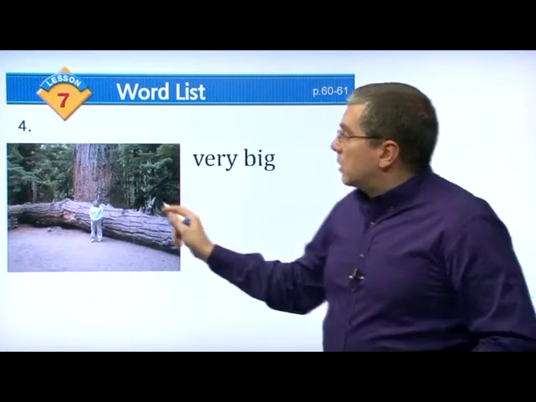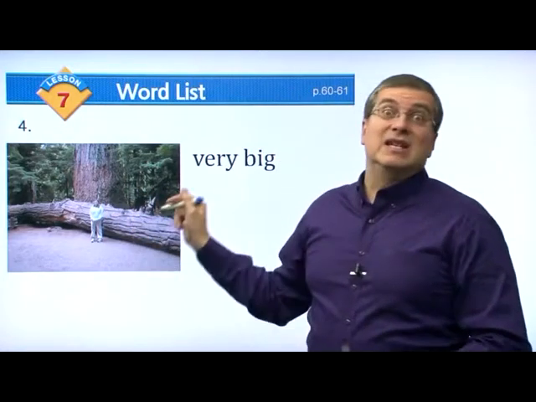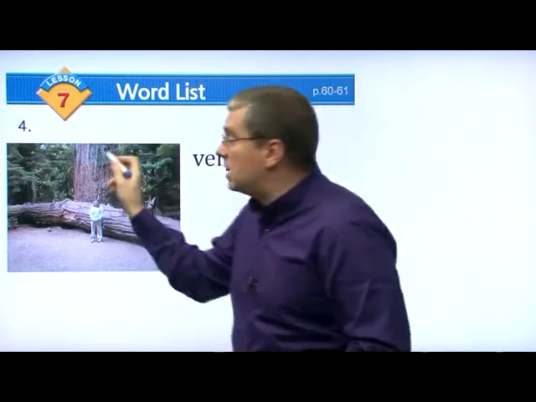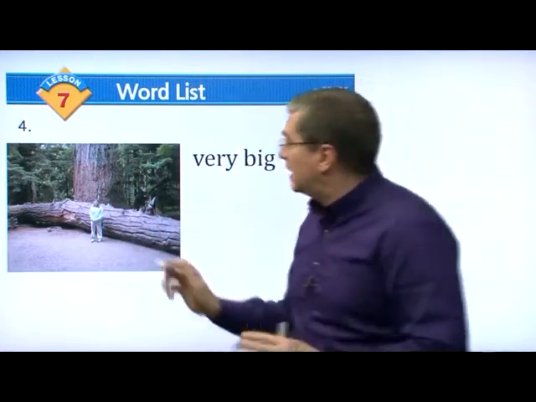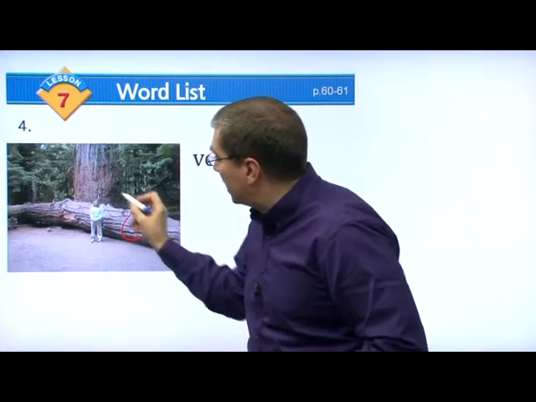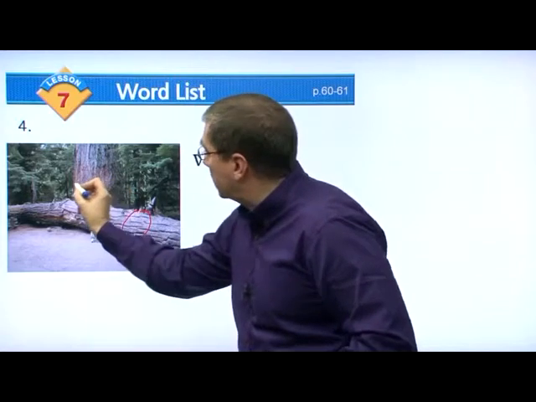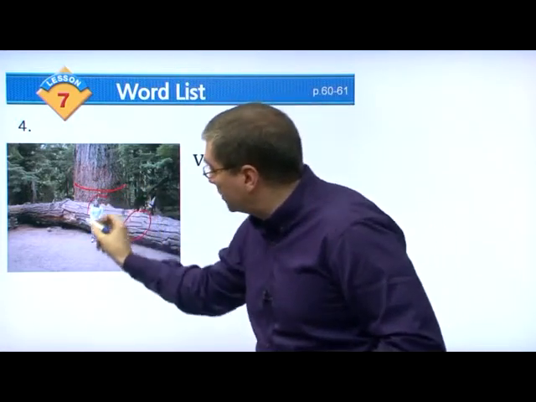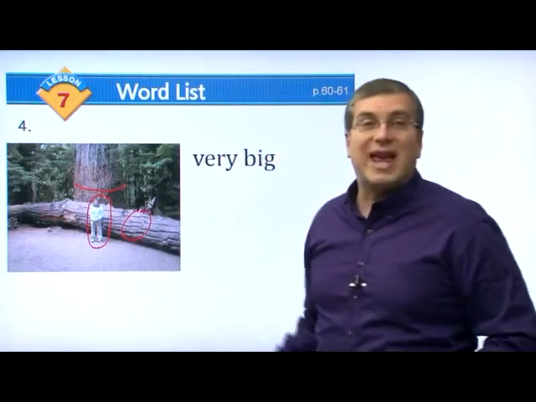Now, we have another word that we can use. Look at this tree. This is a very, very big tree. We use a special word to say something that's very big. This tree trunk, of course, is big, but look at this tree. Wow, it goes from here all the way over to there. That's really big. And this is a person here, right? So that's your scale.